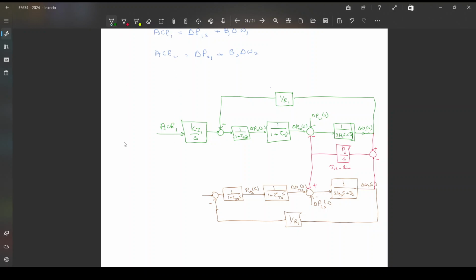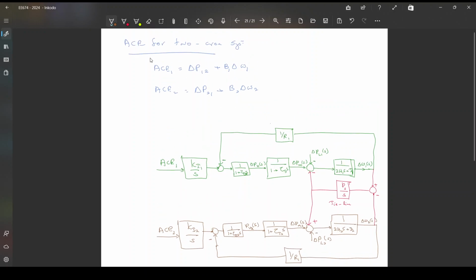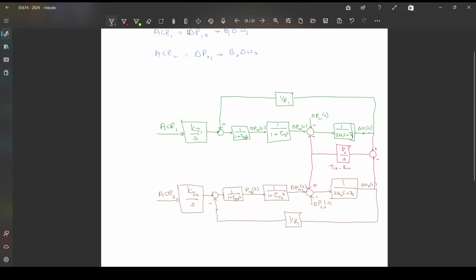The same goes here, so you have K_i2 over s, and the input to that would be the area control error for area 2, right? And then the area control error is calculated using these two equations, so you need P12 and P21.